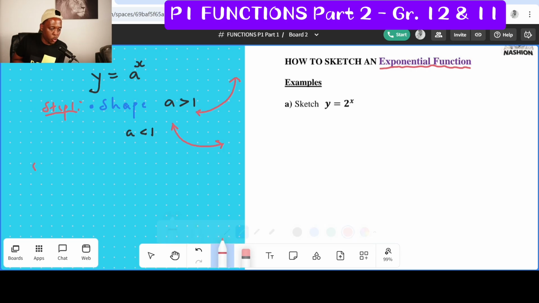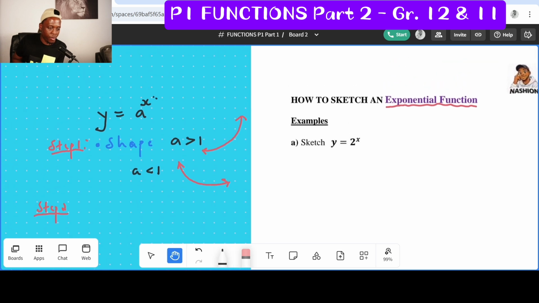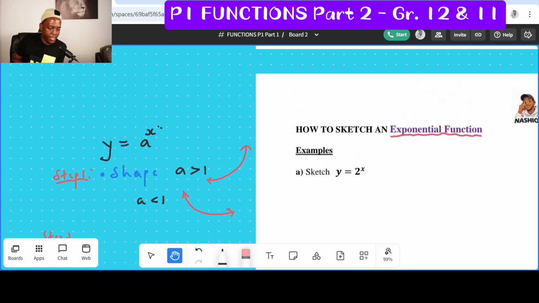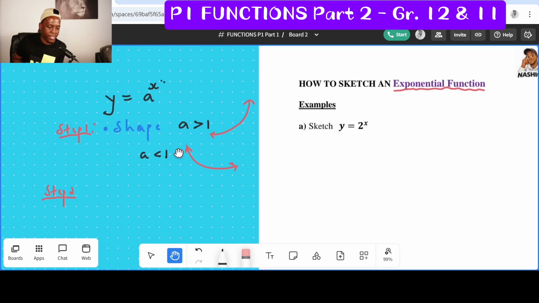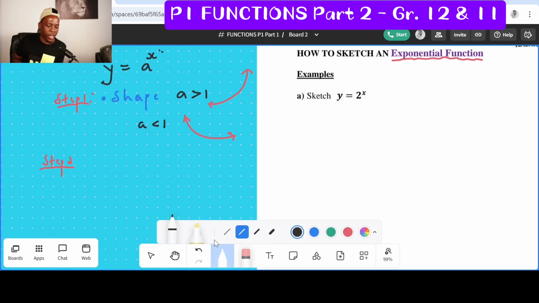We'll see the example when we get there. And in step 2, we are going to look at the intercepts with the axis. In this form we have of y is a to the power x, we are not going to have the x-intercept, but when we do the example, we'll show why we don't have the x-intercept, so that we don't just memorize, but we know that with understanding.